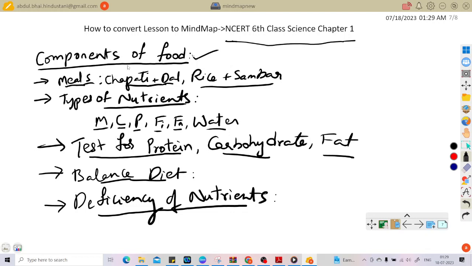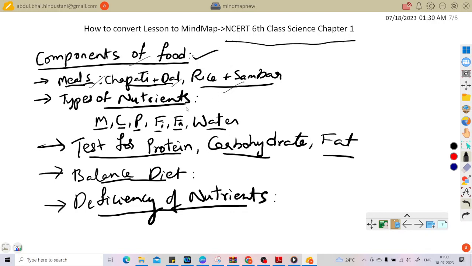So the chapter name is the components of food, and in that we have different subtopics like meals. We have different meals that are consumed by the different people of the country, like the chapati dal combination, rice and sambar combination.